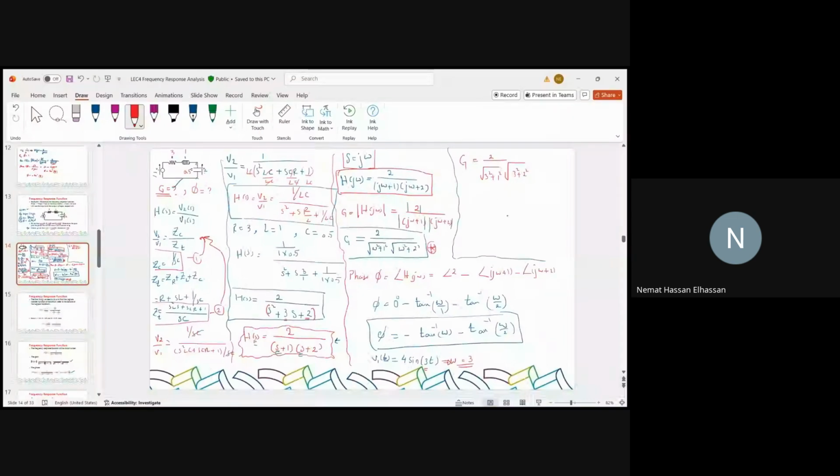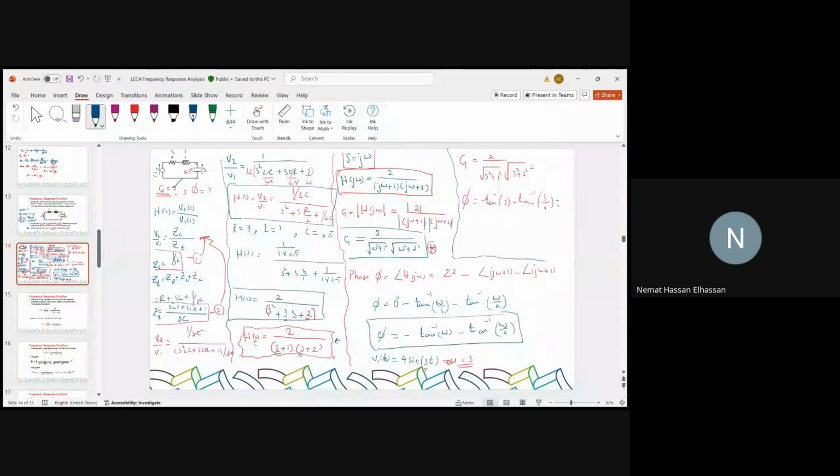So we can calculate the gain. And the phase would be equal to minus tan inverse 3 minus tan inverse 3 over 2. So we can calculate the gain and we can calculate the phase.